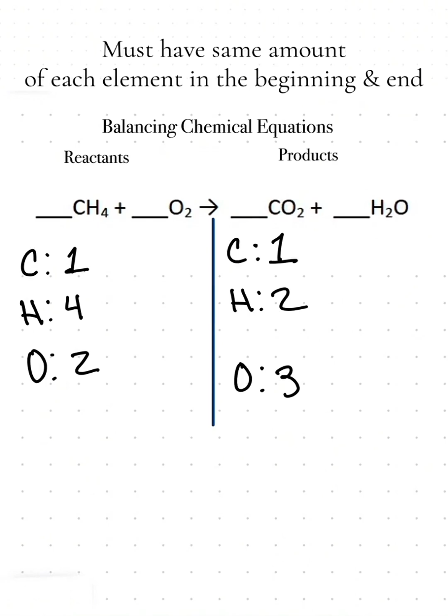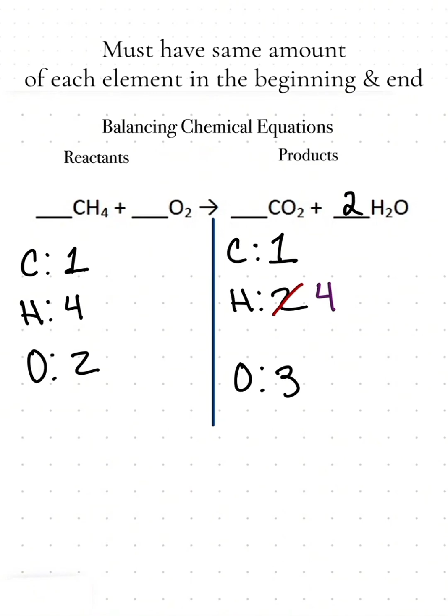What I like to do is start with my highest number first. So I have 4 hydrogens on my reactant side, but only 2 hydrogens on my product side. So what I'm going to do is write a coefficient of 2 in front of my H2O, because then this 2 multiplied by this subscript becomes 4. So I can cross out my old 2 and write that now I have 4 hydrogens.